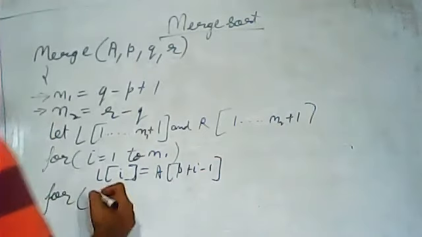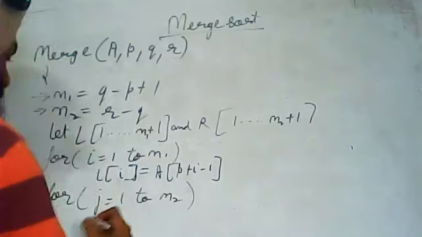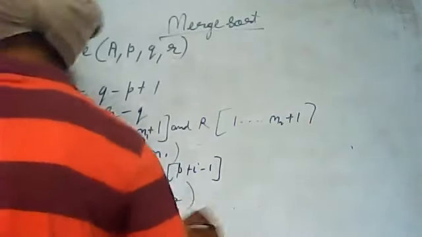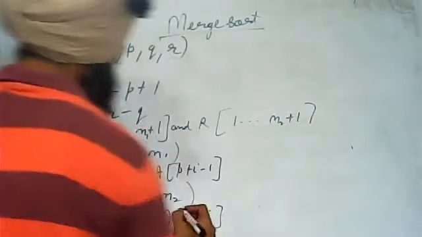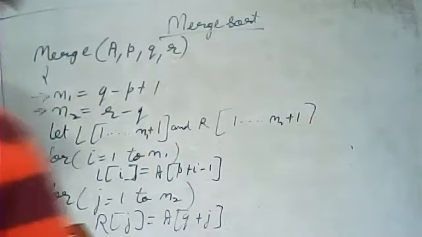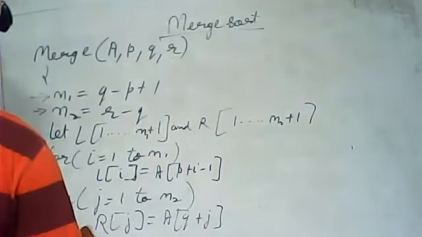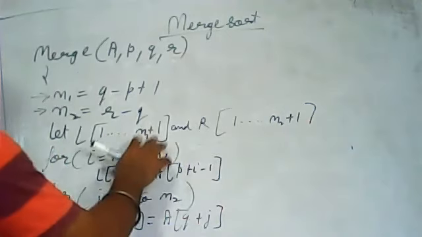Then this is to copy into the right sub array. Here we will write A of Q plus J. Then I'll add the length plus 1, because we have created the array of n1.